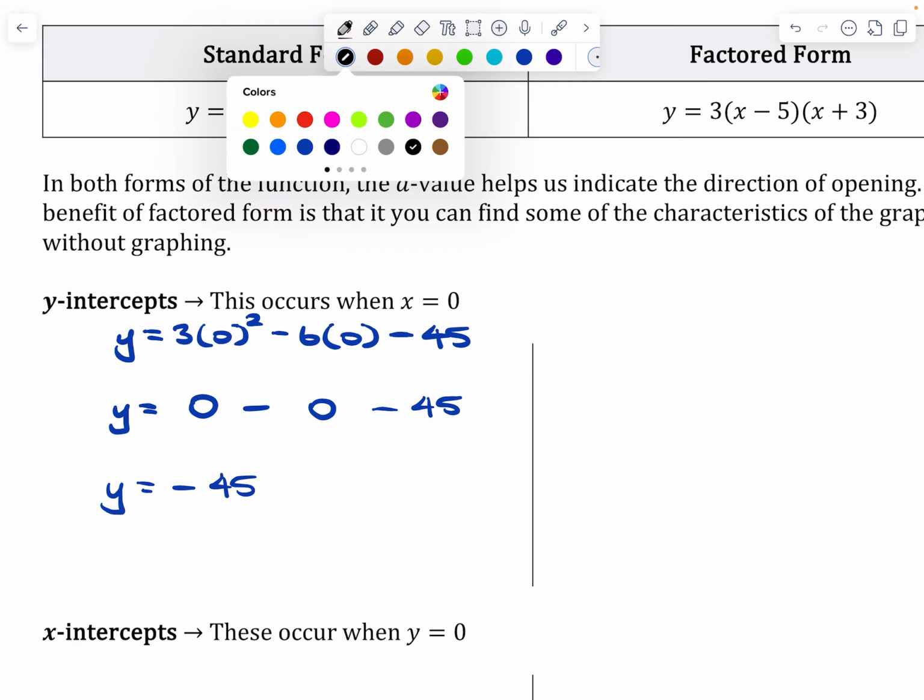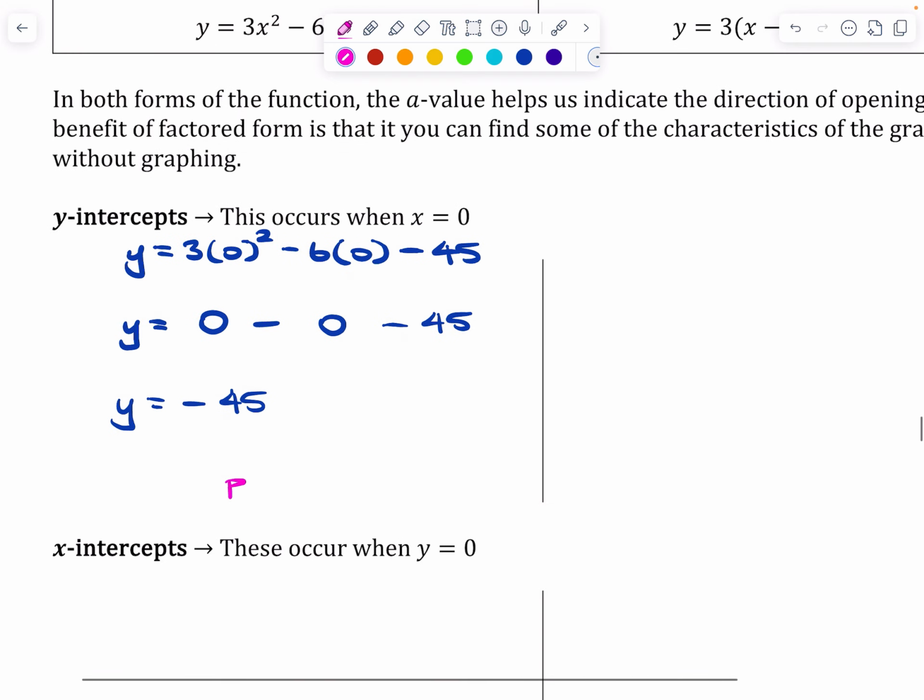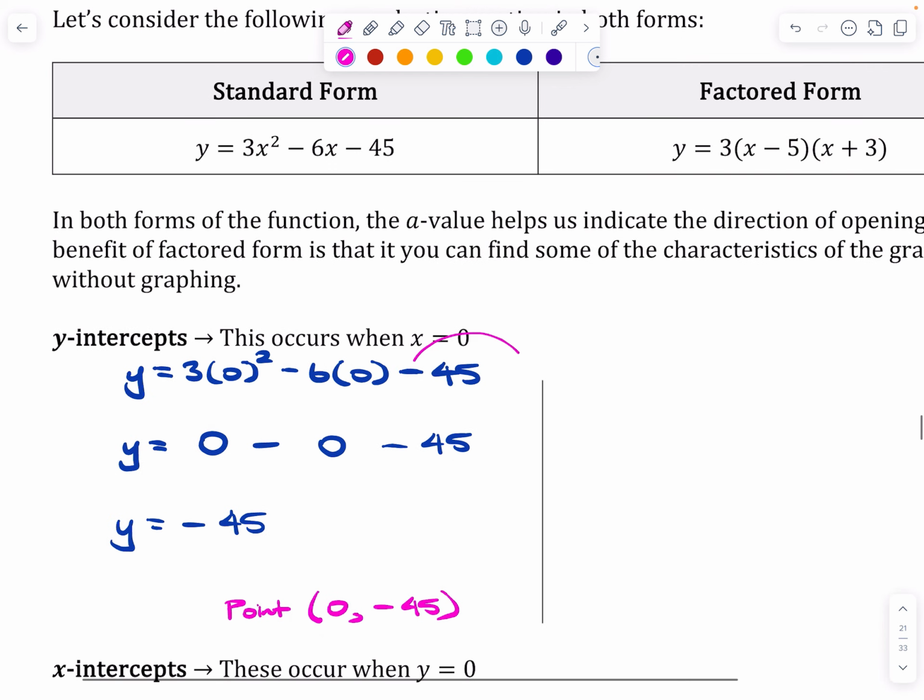Or we can consider that as a point. It's the point where x is 0 and y is negative 45. So worth noting, in standard form, it was just the tail end value since we let all the x's equal 0. So not so bad. We get that info from standard form quite nicely.